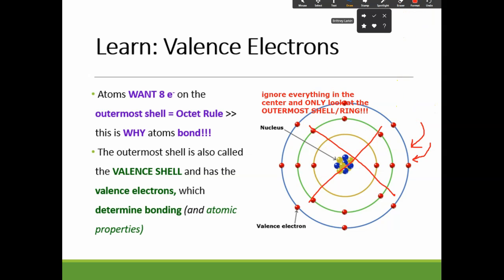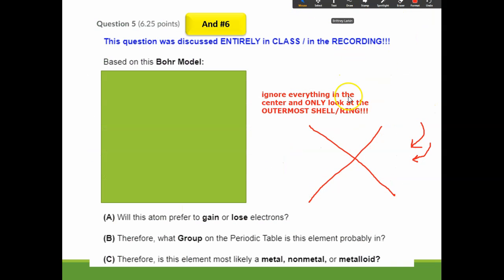Only look at the outermost shell, okay? Based on that, you should be able to count up the number of valence electrons. So count the valence electrons that are only on the outermost shell. Do not count any electrons that are on inner shells.